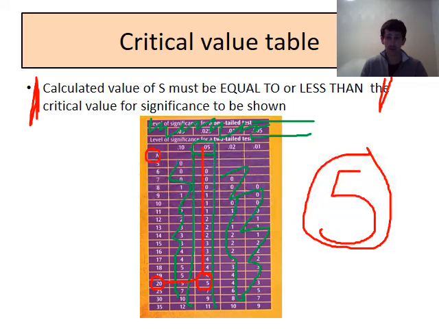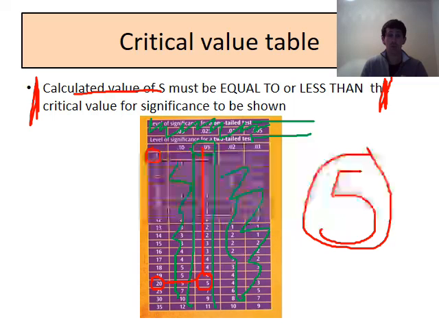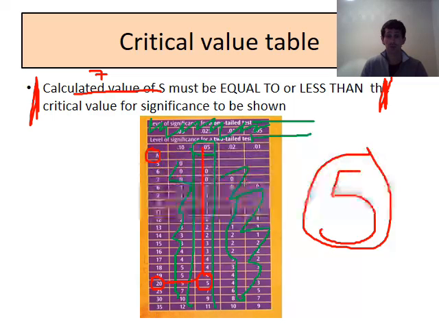This sentence here is absolutely vital. The calculated value, which was 7, must be equal to or less than the critical value, which is 5 for us. We know that 7 is greater than 5, so we can say the results are not significant because 7 is greater than 5.